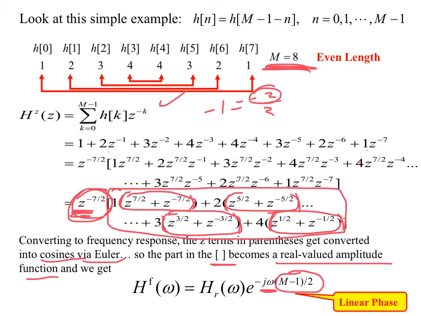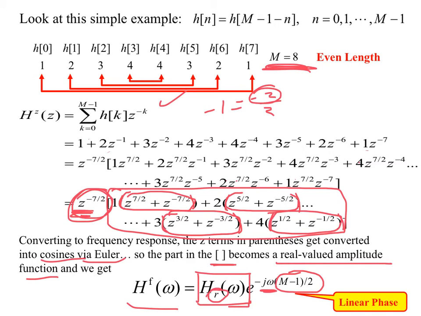We have that for this simple example, our H of omega is some amplitude function, H sub r. So we're using this r to indicate that it's a real valued function. So H sub r of omega. That's the notation that Proakis and Manolakis use.